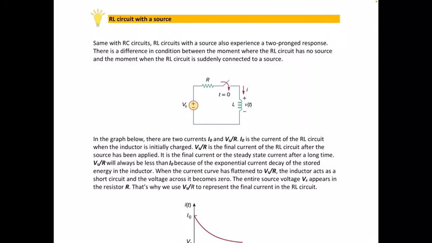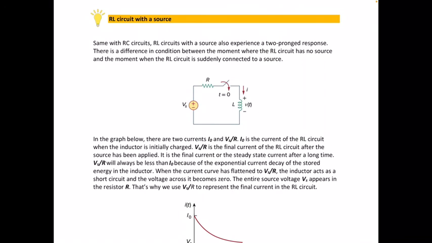Just like its predecessor, the analysis of RL circuits with a source also has two parts, and perhaps the difference between them is the natural behavior of the inductor itself. Same with RC circuits, there is a difference in condition between the moment where the RL circuit has no source and the moment where the RL circuit is suddenly connected to a source.